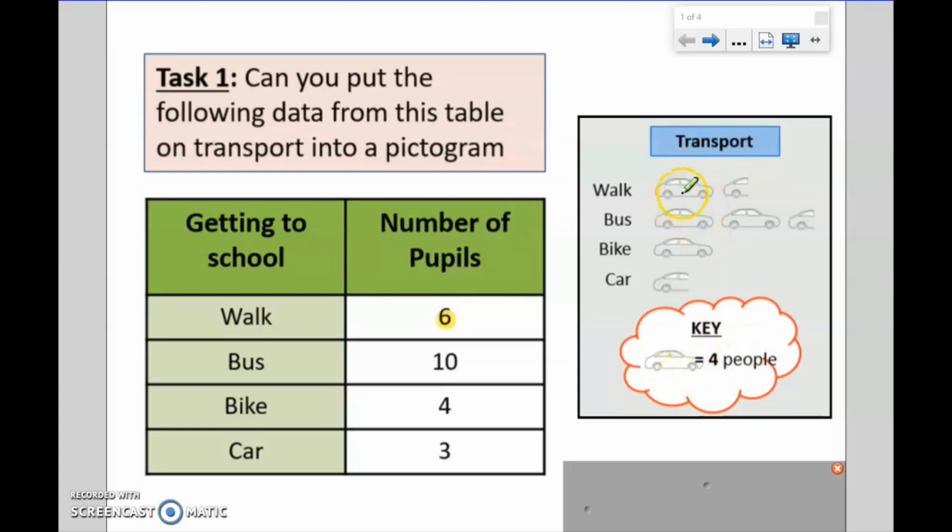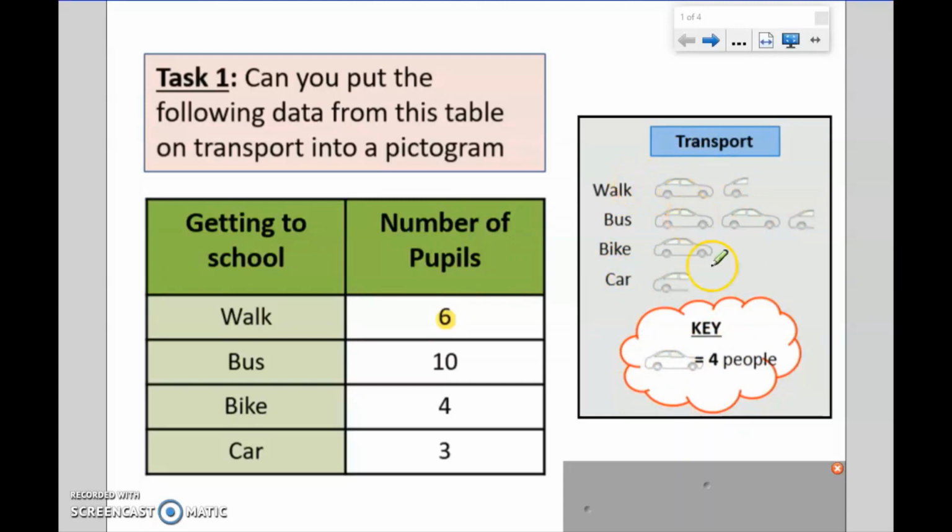You may have used a bicycle as your image and you may have had each bicycle representing two people. So your pictogram may look different to mine, but if it is reflecting the frequencies accurately, then you've done it correctly. But this is just one example of what your pictogram could look like.